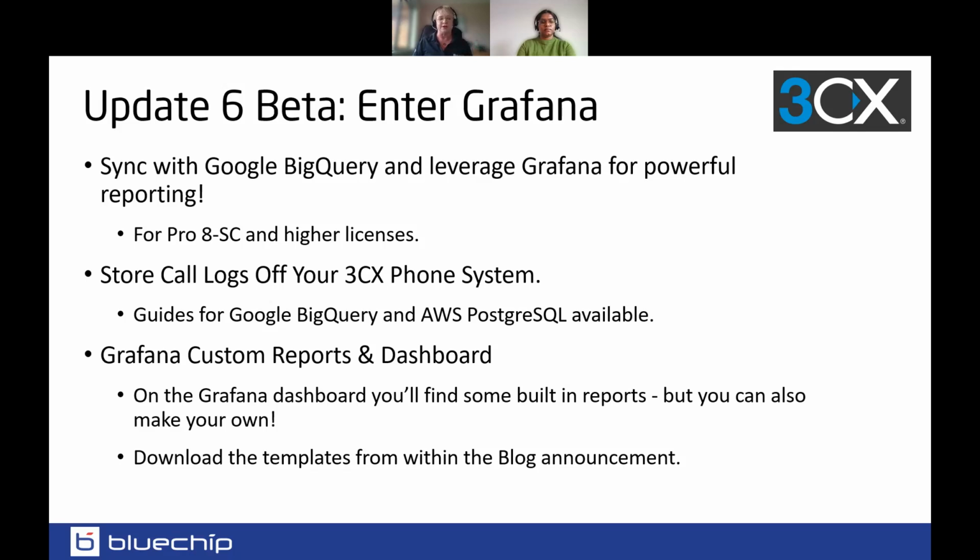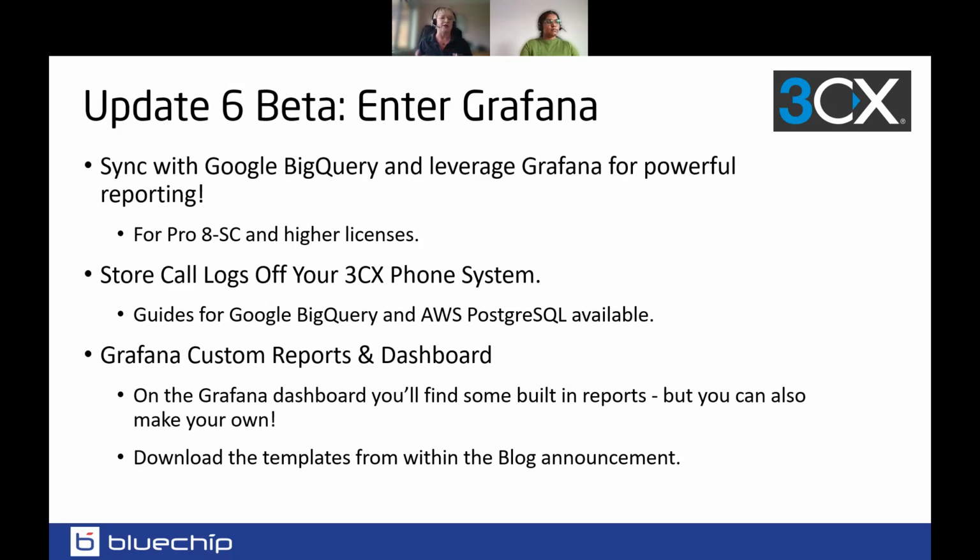Now, in the blog, and I encourage you to go and read the blog about this if you haven't done so already, there are a whole lot of links, including some custom reports for Grafana that have already been designed by 3CX, but you can also make your own. This is the point. You know what metrics are important to your businesses or your customers' businesses, as the case may be, and you can create those reports.